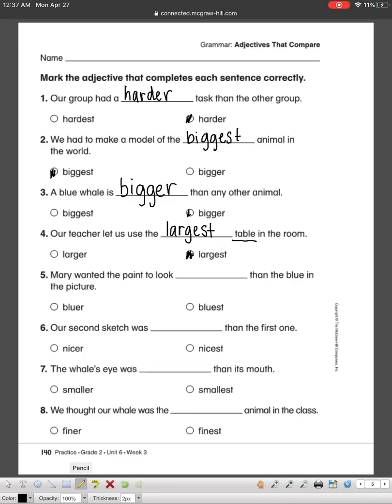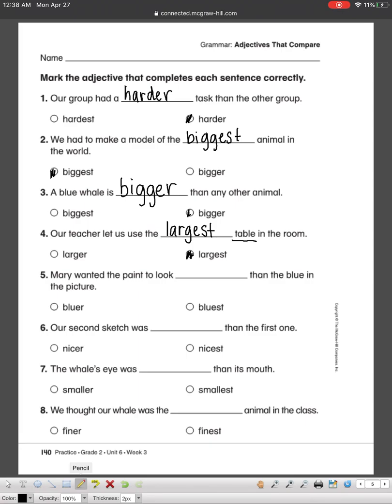Number 5. Mary wanted the paint to look blank than the blue in the picture.